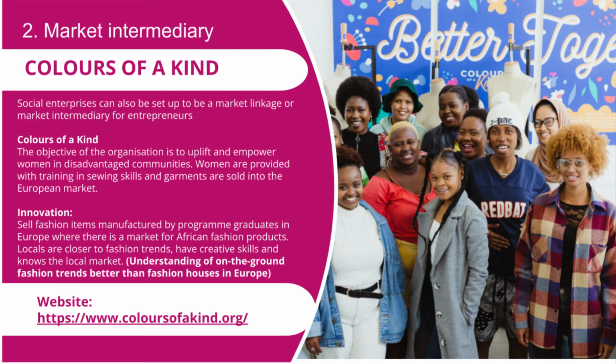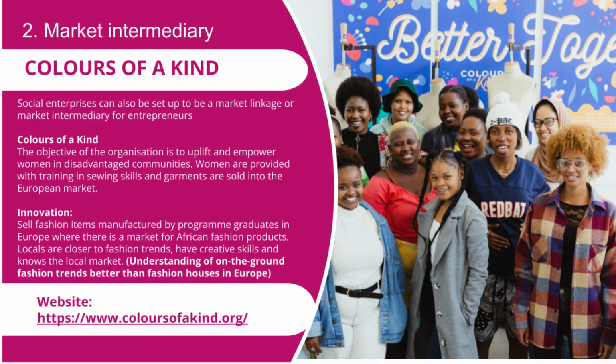So the innovation around this model is once again selling fashion items manufactured by program graduates in Europe, where there's a market for it. And locals on the ground know a lot more about the fashion trends on the ground than fashion houses in Europe. So fashion houses in Europe leverage from their knowledge, and these women get the opportunity to get employed by the organization.